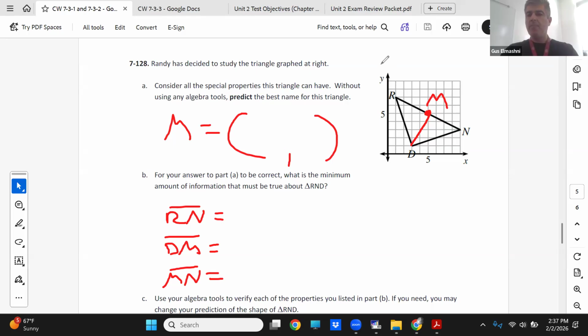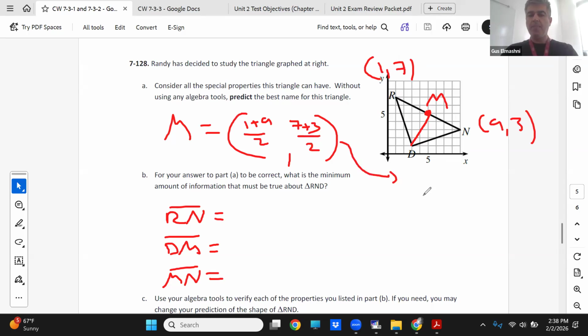So when we're finding the midpoint of RN, what are we averaging really? X and Y. Good. So you're averaging not 1 and 9, you're averaging 7 and 3. If you average them, what do you get? 5, 5, right? So M's 5, 5. And of course, D is 3, 1.